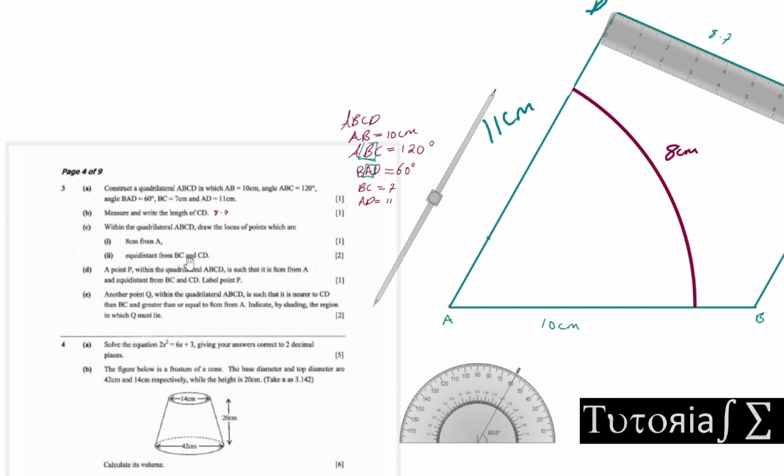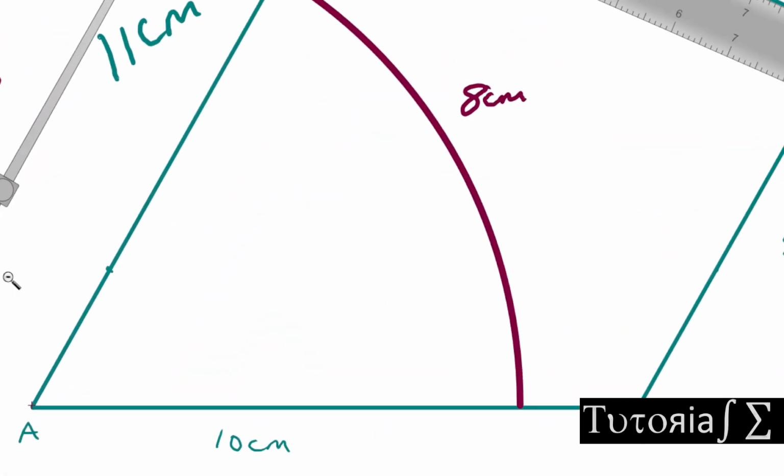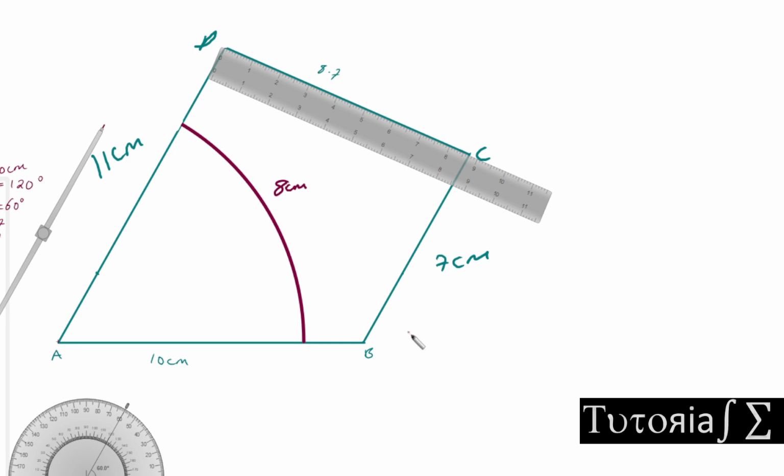Then equidistant from BC and CD. I don't know if you can see that one. So it should be equidistant from B to C and from C to D. So we should put our compass on the turning point, since it should be equidistant from B to C and C to D. Putting it on the turning point, we'll measure our distance.